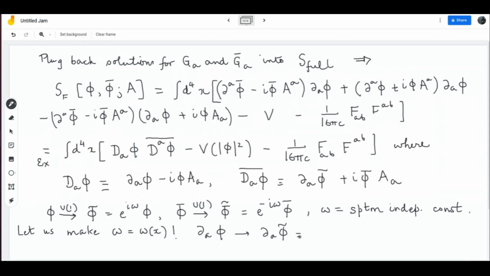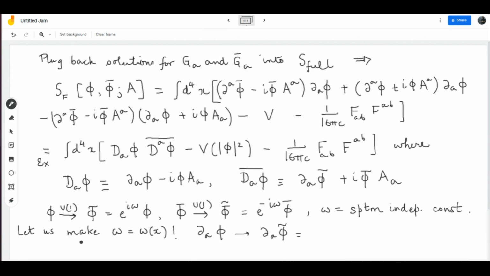Earlier, when omega was a space-time independent constant, del_A phi tilde and del_A phi bar tilde were transforming in an identical way, because e to the i omega and e to the minus i omega would simply come out of the derivative.